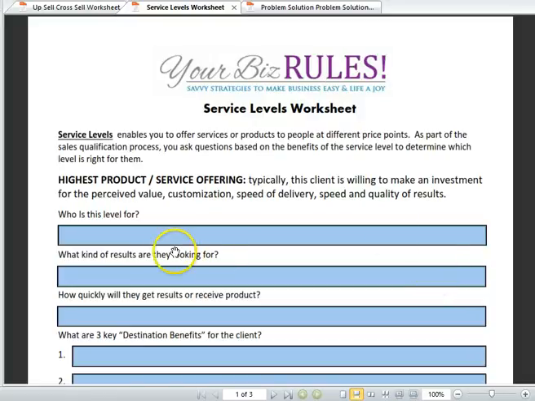But you'll see that I'm going to ask you specifically to think through a few things. One is, who is this level for? Each level should have a discerning client that this is ideal for.